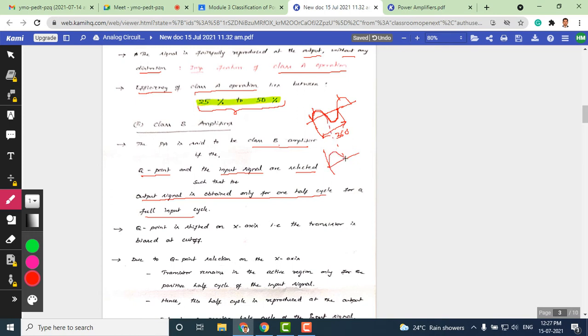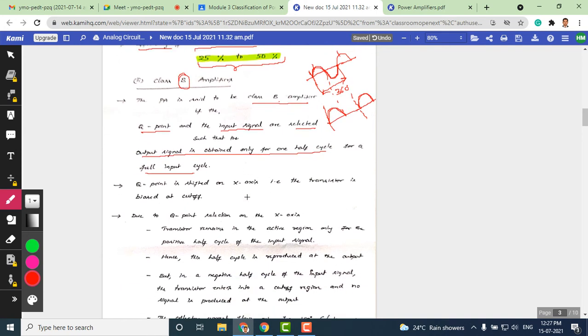Yes, you will see the output waveform like a half-wave rectifier output. You don't see the output current from 180 degrees to 360 degrees, that is the negative half cycle. You only see the output waveform for the positive half cycle. These types of amplifiers are called class B amplifiers.